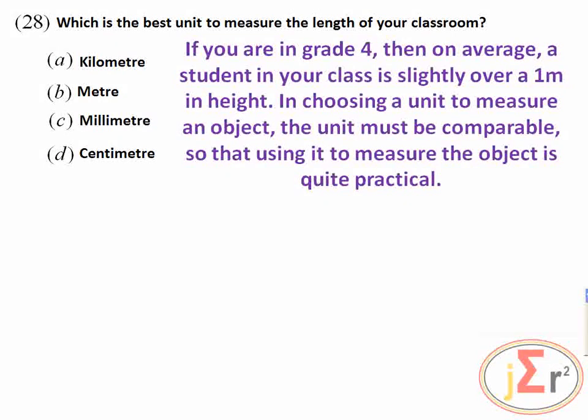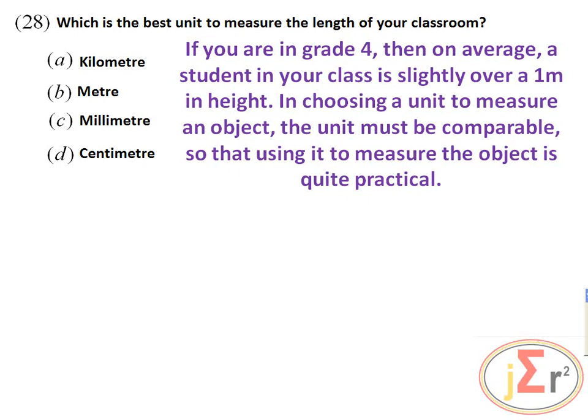If you are in grade 4, then on average, a student in your class is slightly over 1 meter in height. In choosing a unit to measure an object, the unit must be comparable, so that using it to measure the object is quite practical.